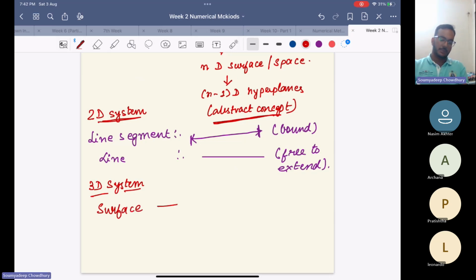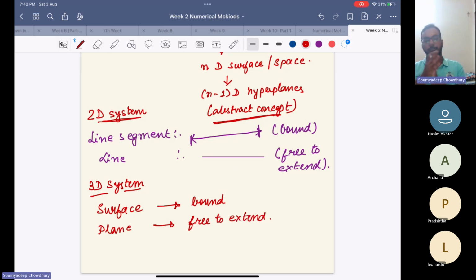So a surface means the end coordinates are bound. Suppose you have a 3D surface, a cuboid, so you will have six end points, right? So a surface is bound, whereas a plane is analogous to a line which is free to extend. Clear? So just remember these two things, a line segment and a line.